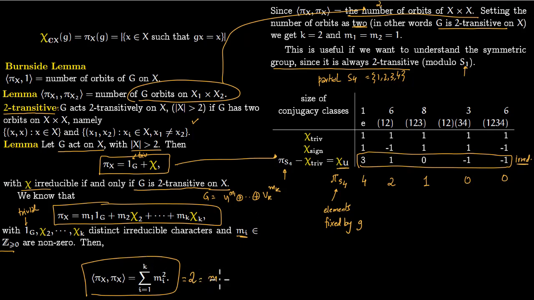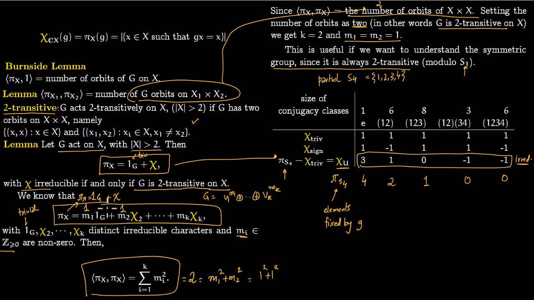So this is just m1 squared plus m2 squared, which has to be 1 squared plus 1 squared. So m1 is 1, this is also 1, and this chi2 we are writing as chi. So that is done. This pi of x is equal to 1g plus, instead of chi2 we are writing general chi, and that is what we wanted to prove.